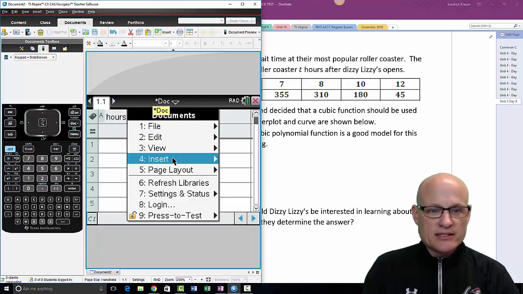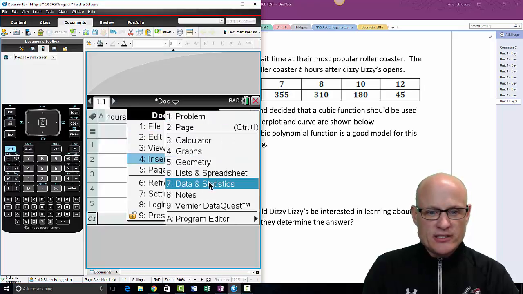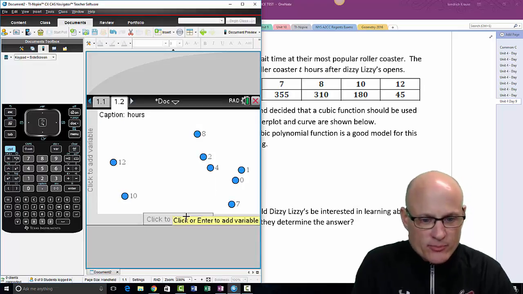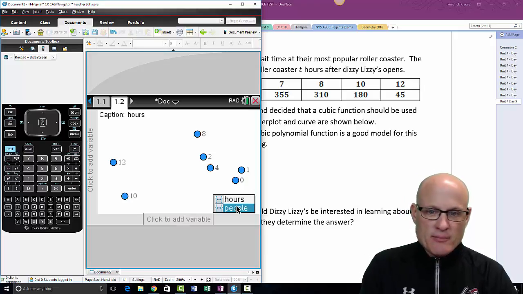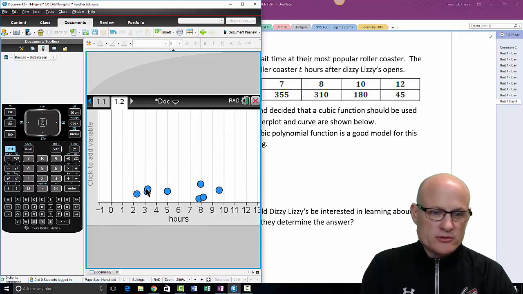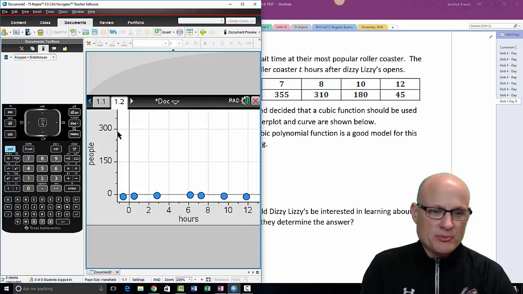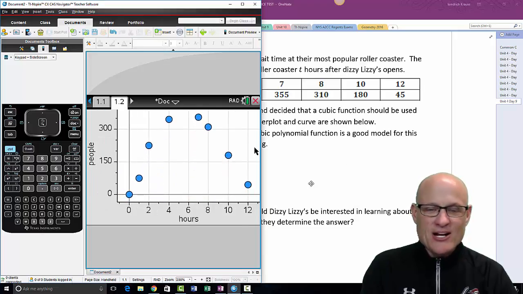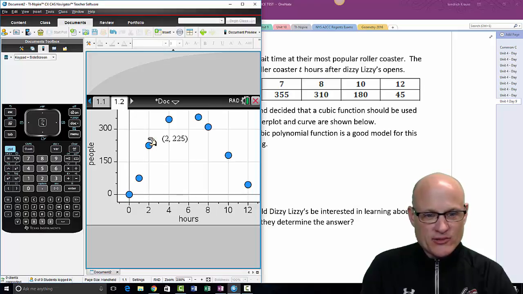And let's see. We're going to go doc, insert, data, and statistics. And there it is. Click. On the bottom goes hours, and on the top goes people. I don't think a cubic model is a good model for this one. I think this would be a quadratic model.